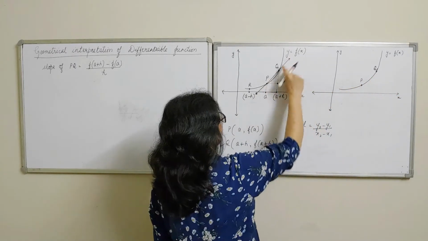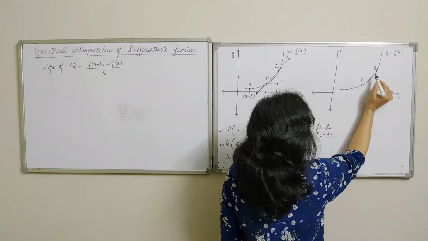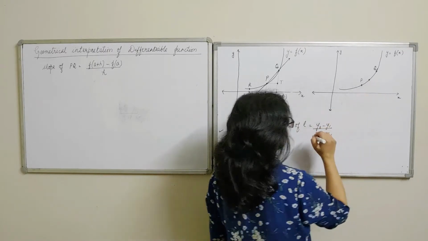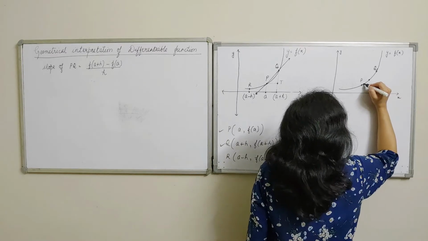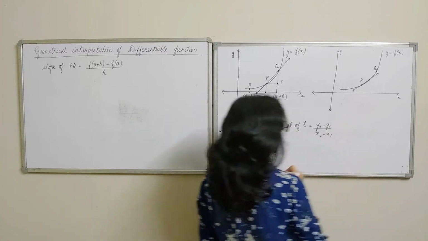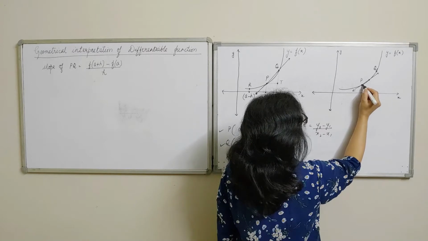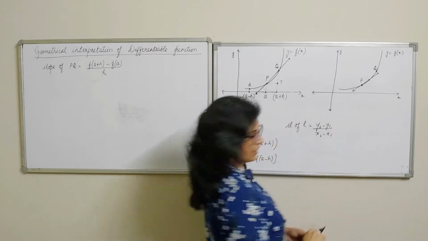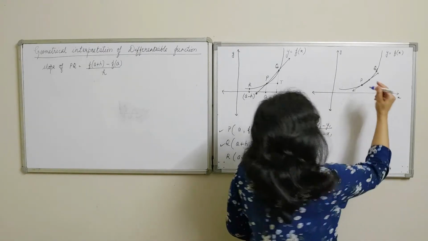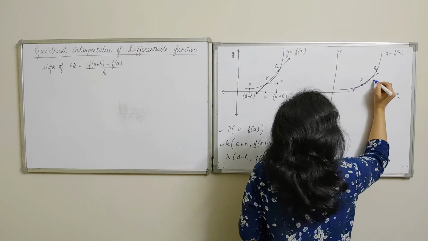Initially we have drawn a secant passing through the points P and Q. Now in the next situation we are bringing this point Q closer and closer to P. If the point Q is supposed to be here, on joining PQ, this is the secant that is obtained. If we still bring Q closer to P, say Q is almost here, we obtain a line that goes like this.